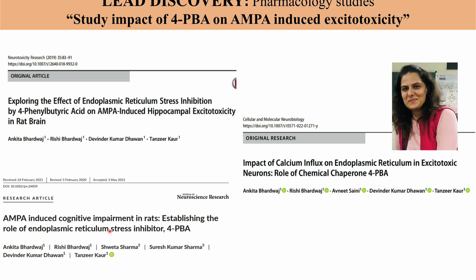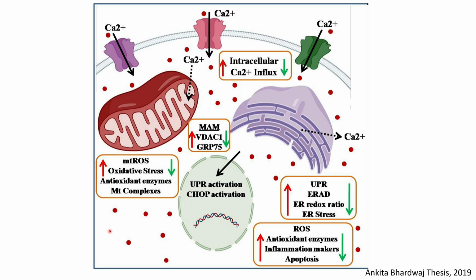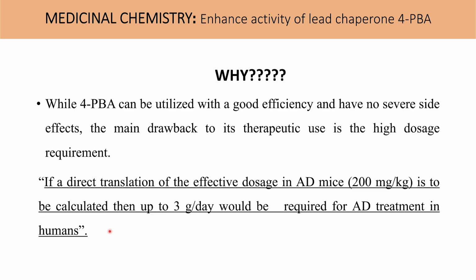If it has such good properties, why has it not yet been translated as a drug? This is the outcome of that study. I will just skip it because we are short of time. Now, why could we not translate it?